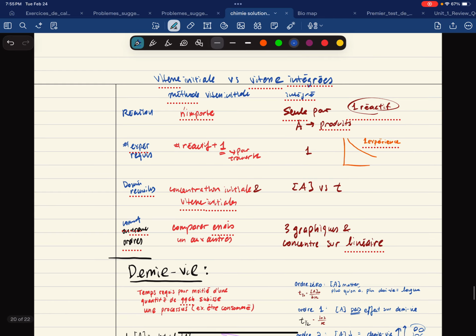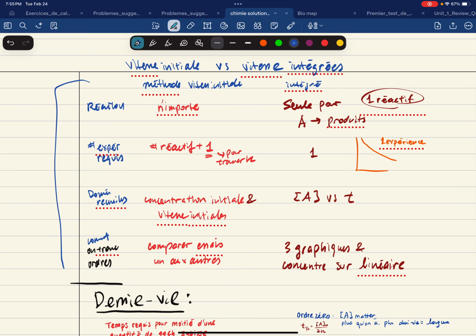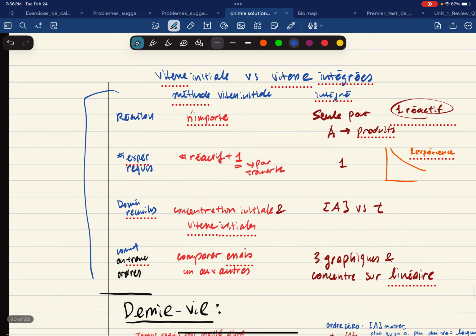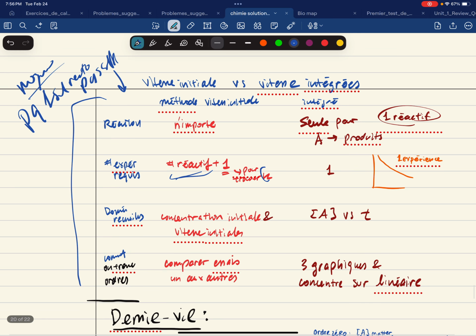Now we're talking about this tableau right here of the benefits and whatever else factors of initial versus integral. So if it's a vitesse initiale method, you need a few trials because they are not reliable for just one reaction. It's also because you need more than one trial to find out K, because you have too many inconnus.